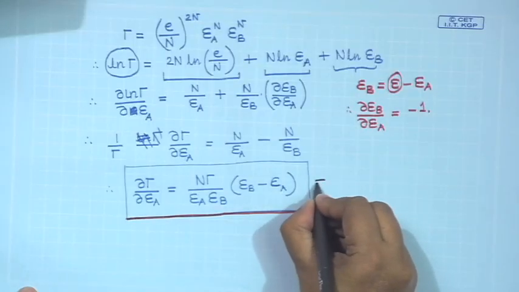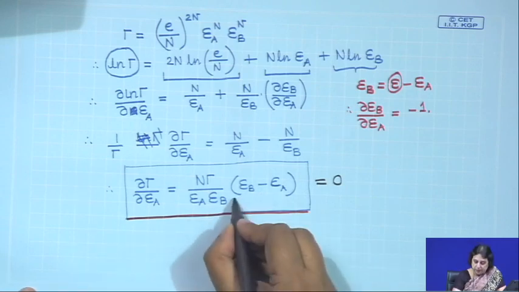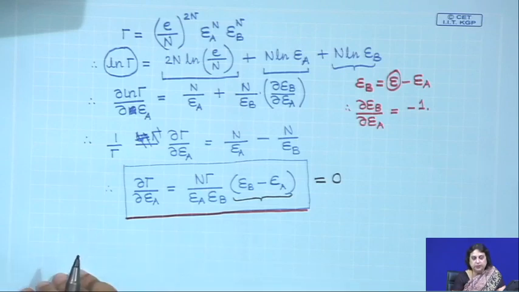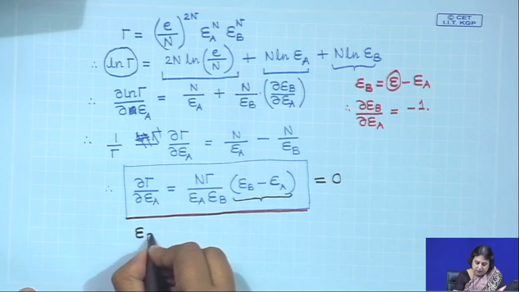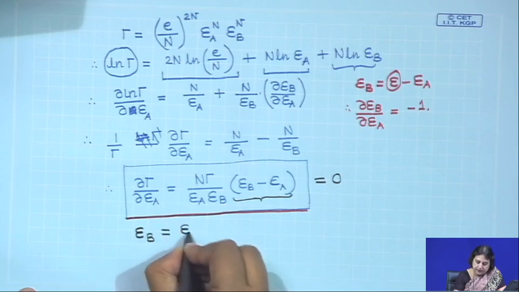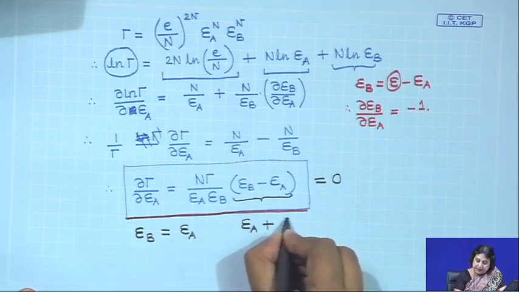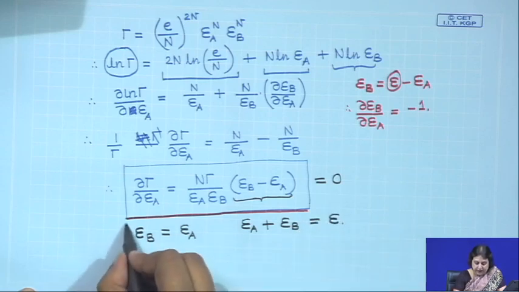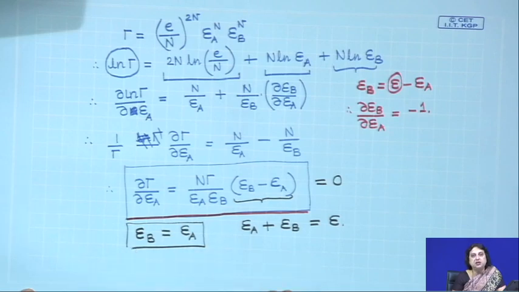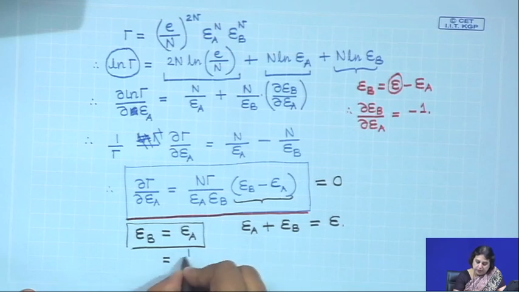So, let us look for the condition when this quantity is equal to 0. Now, this quantity can become equal to 0 only when epsilon b is equal to epsilon a. Now, I know that epsilon a plus epsilon b is equal to some constant energy value. Therefore, when each of the subsystem energies become equal, each must be equal to half of epsilon.